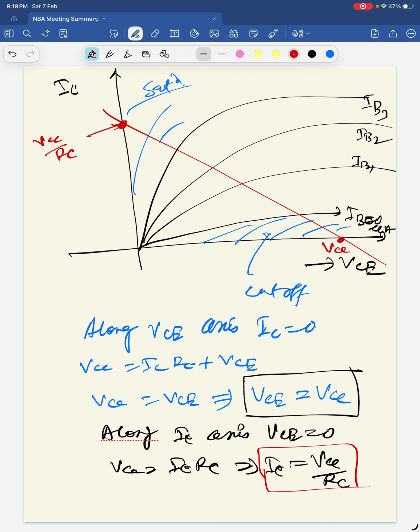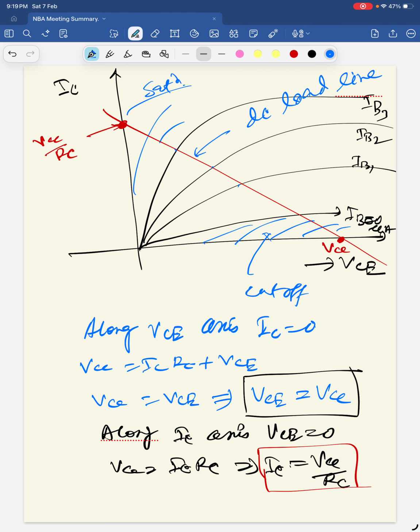Now if you join this point and this point, a straight line will come. This line is called DC load line. Now this DC load line intercepts the base currents here, here and here.